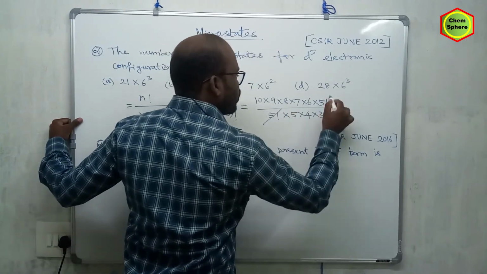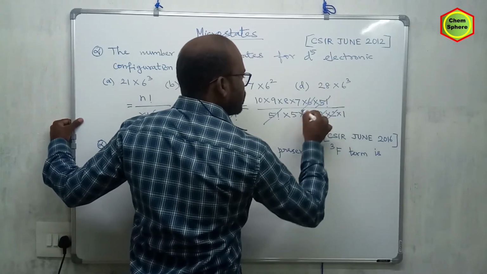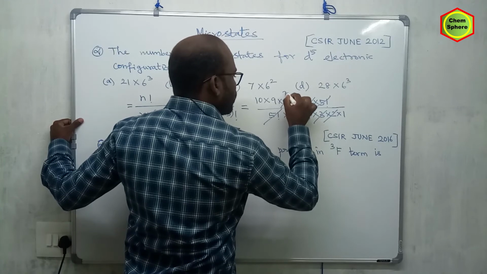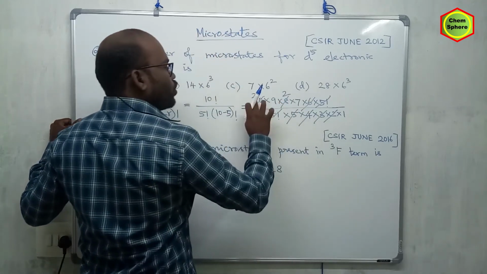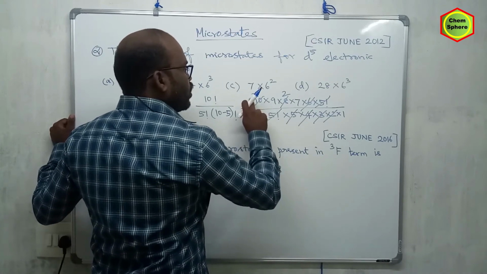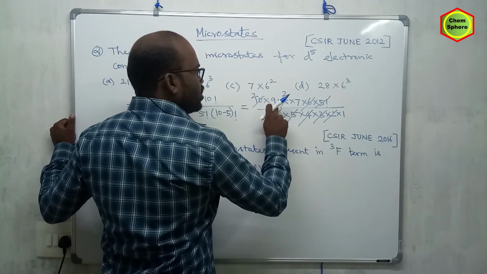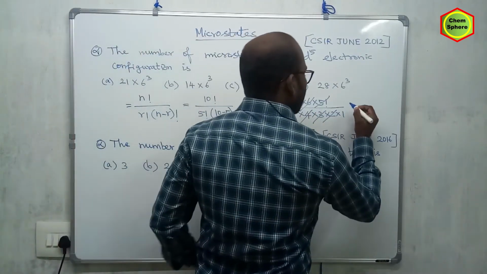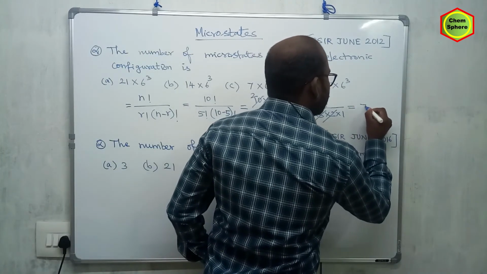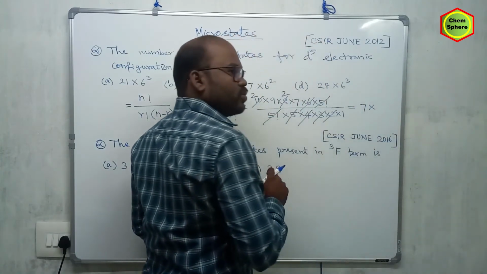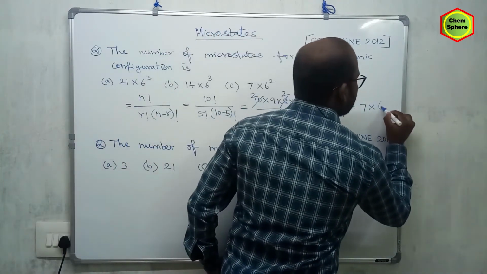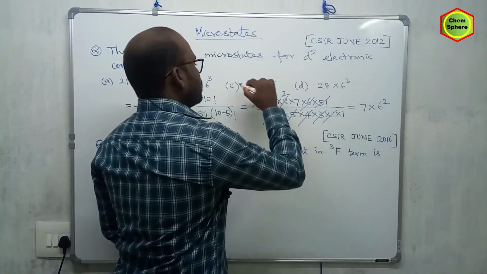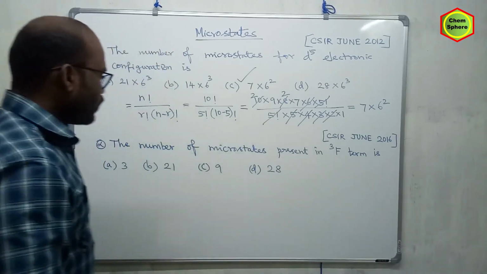Now cancel 5 factorial, 3 cancels, this one 2, and then this one also 2. So now 2 into 9, 18, 18 into 2, 36. That is 7 into 36, which means 6 into 6, 36. So now we can write 6 power 2. So this will be the correct answer.